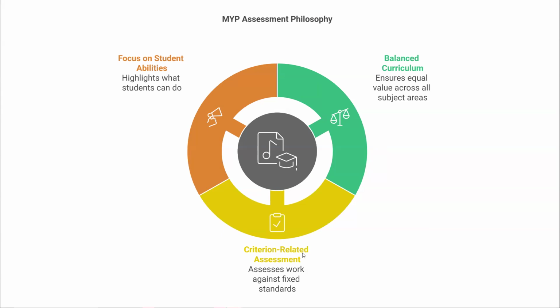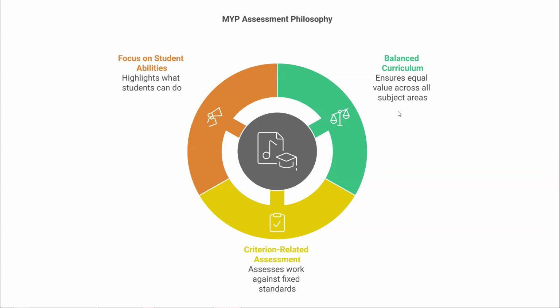Okay. There are certain criteria and certain fixed standards, objectives that the students have to meet. So you have criterion related assessment and a balanced curriculum. You ensure that all subjects have equal value. So when you see, most curricula do not give much weightage to art and physical and health education.